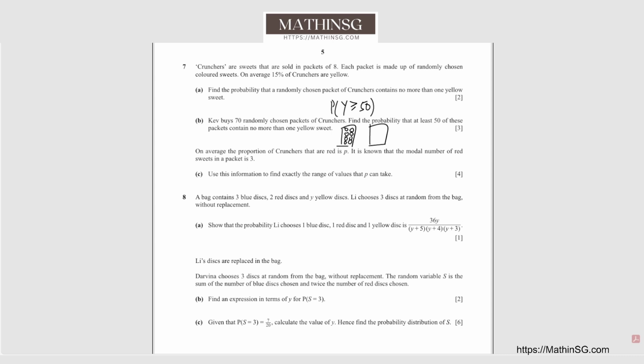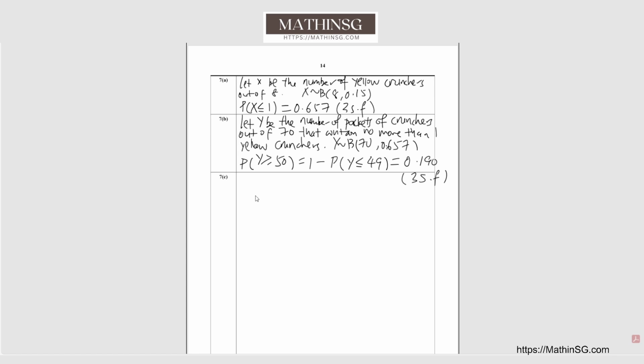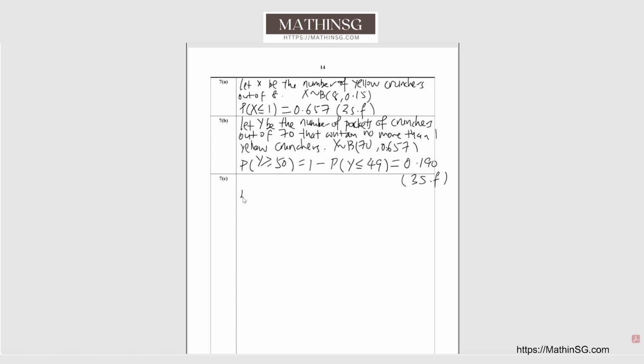So let's redefine the binomial distribution. We will let R be the number of red crunches out of 8, because one packet has 8 crunches.